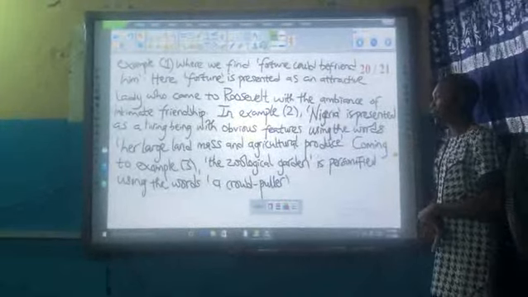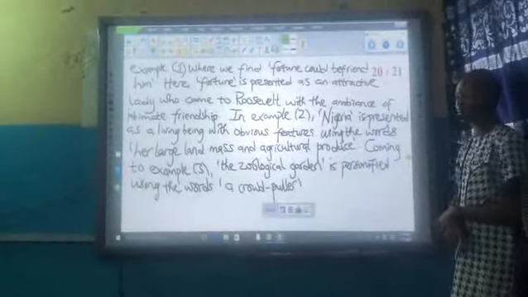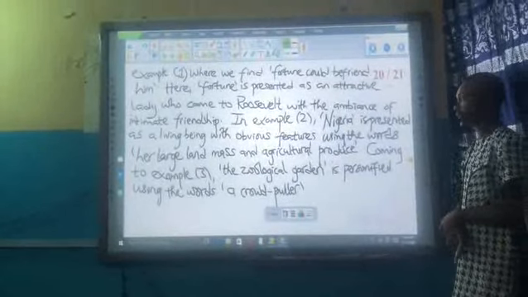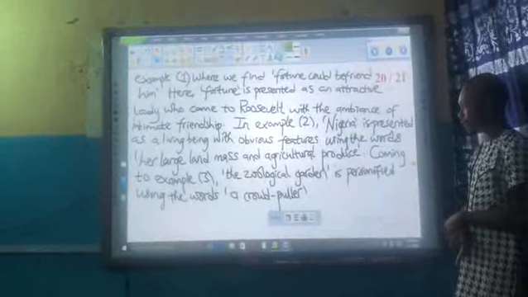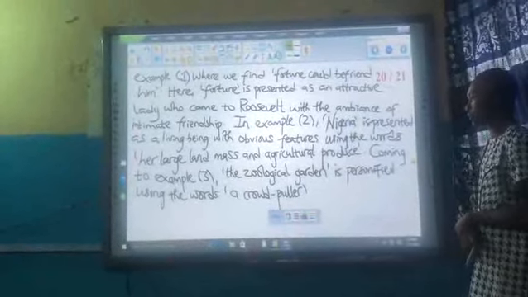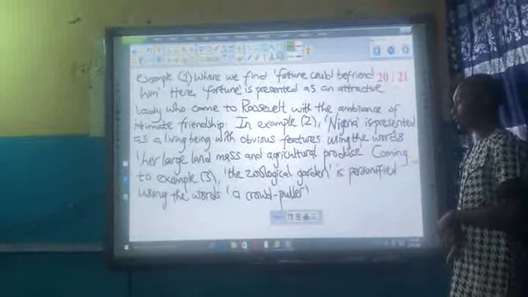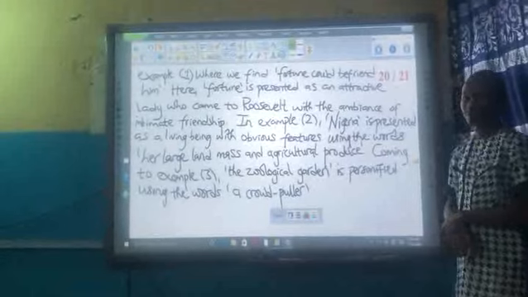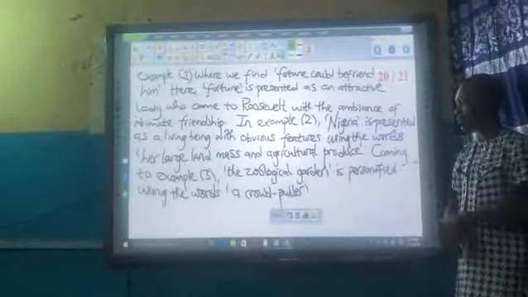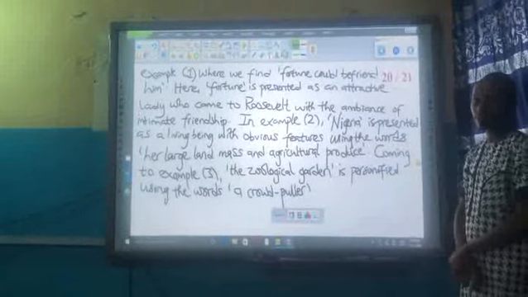For example 3, the zoological garden is personified. Again, like Nigeria was personified in example 2 and fortune in example 1. Zoological garden in example 3 is personified using the word what? A crowd puller.